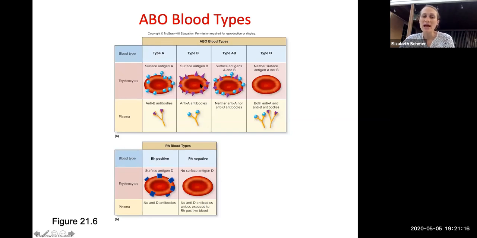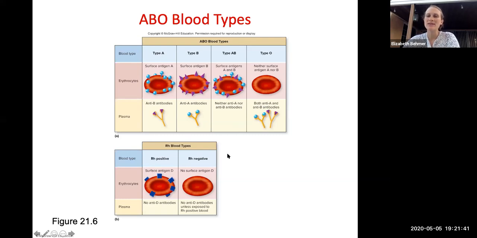Type B blood has the surface antigen B on its surface, and it creates anti-A antibodies. Type AB blood has both surface antigens, A and B, but it doesn't create any antibodies because it won't create antibodies that attack itself. And then type O blood has neither surface antigen A or B, so it will create both types of antibodies.